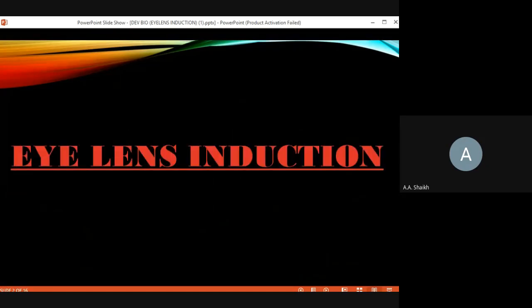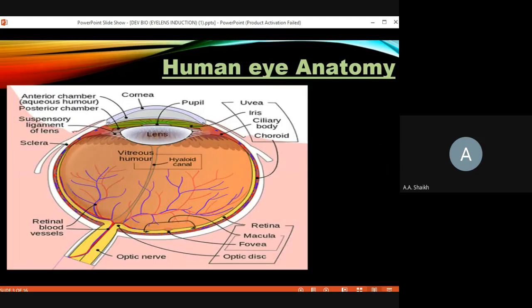So in the last lecture, we were discussing eye lens induction and the different features involved. We came across the human eye anatomy, how the structure of the eyeball is curated, and the different features of the human eye.